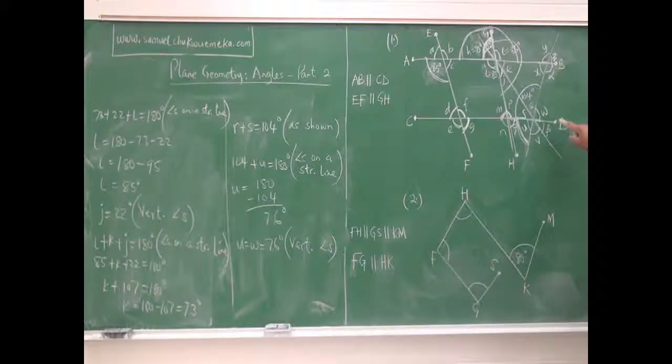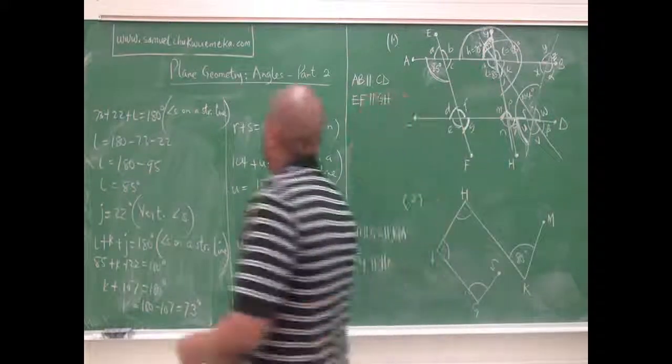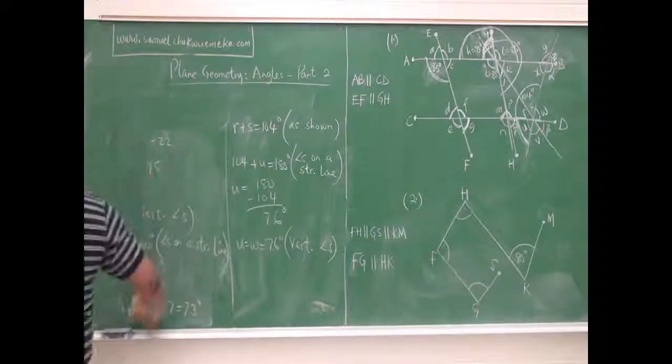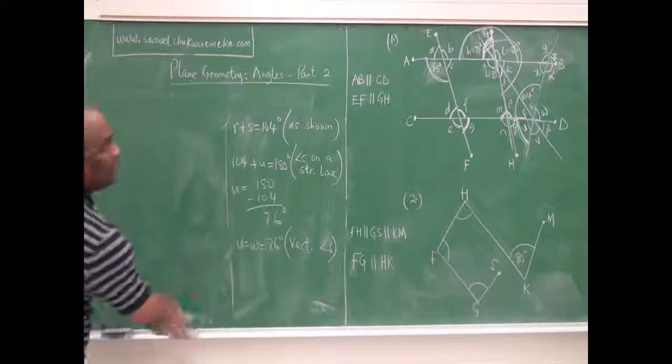Okay, then we have here, we found our U. Now we look at this angle, there's a triangle here, and that is the way we can find our R. There's a triangle here in between.